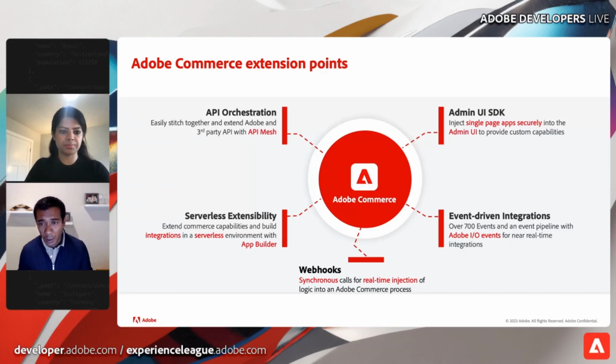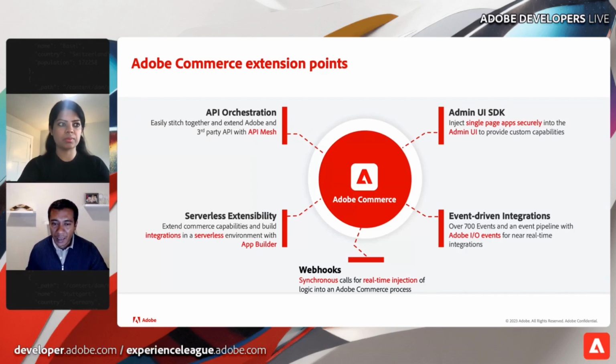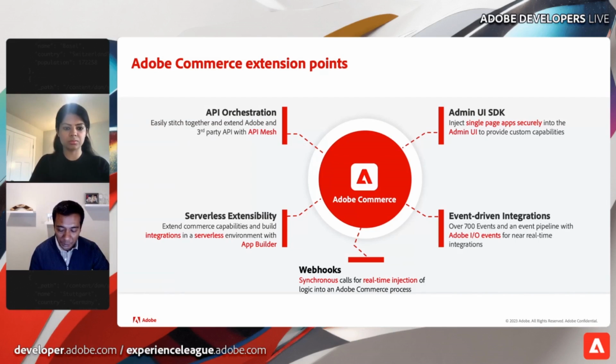Now, I'd like to point out that all of these extensibility capabilities are leveraged without actually customizing anything on Adobe Commerce. And that means that you get a better developer experience. It's easier and cheaper to maintain these and manage your platform over time because you're not customizing core commerce application.